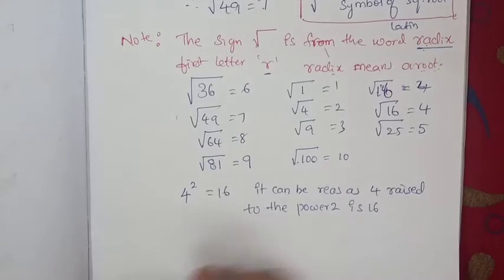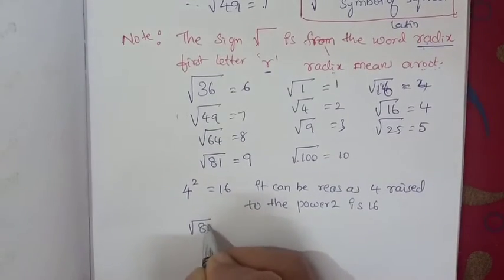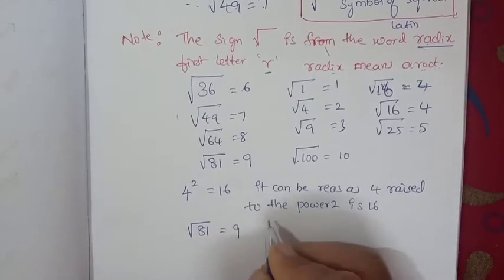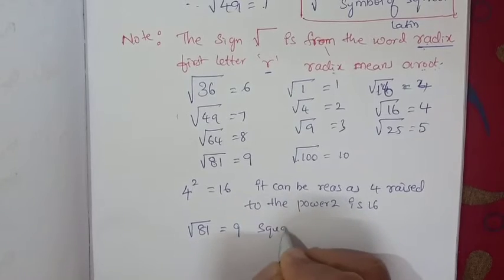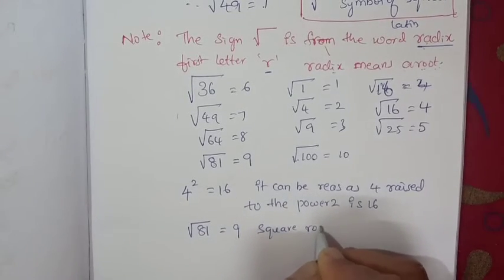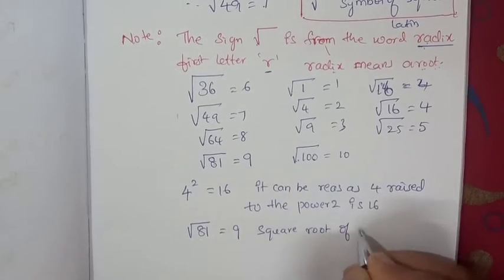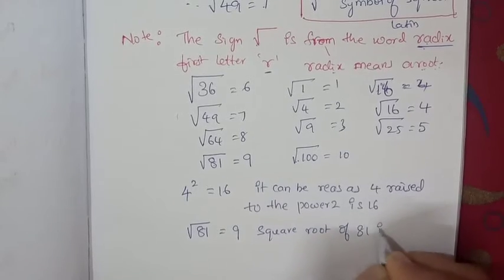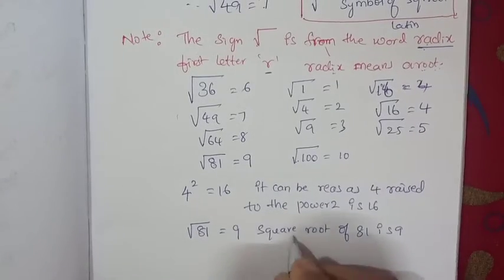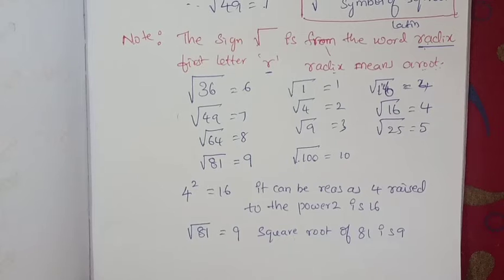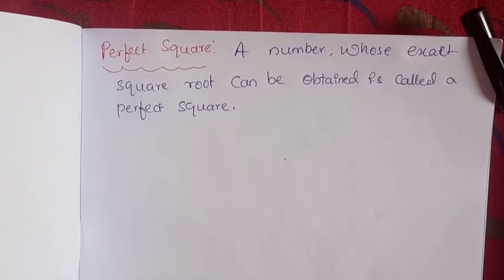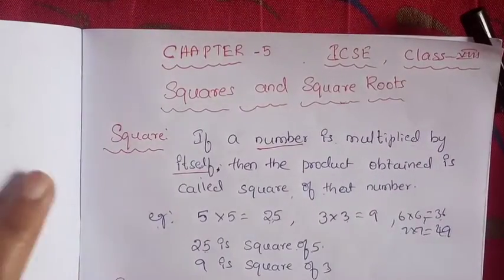Next, how can we read this one? Square root of 81 is 9. It can be read in this way. So square and square root are completed.